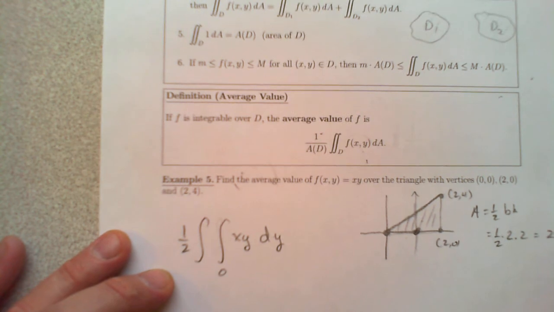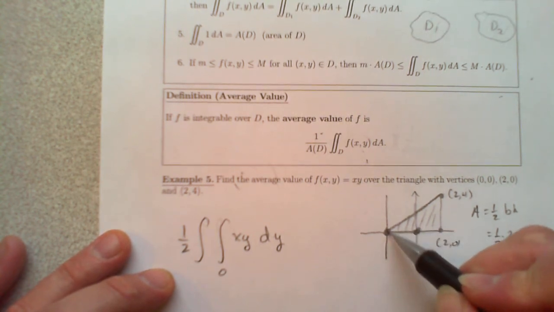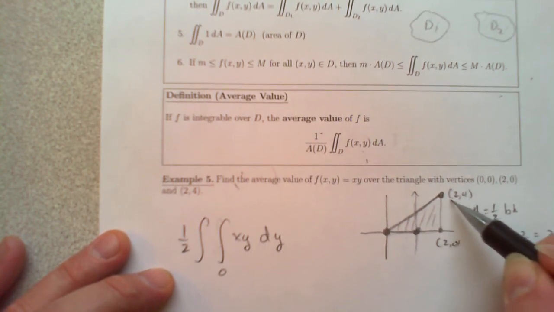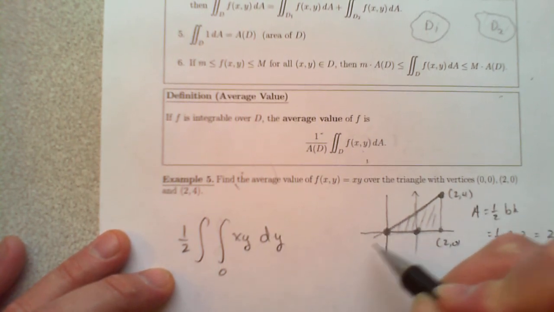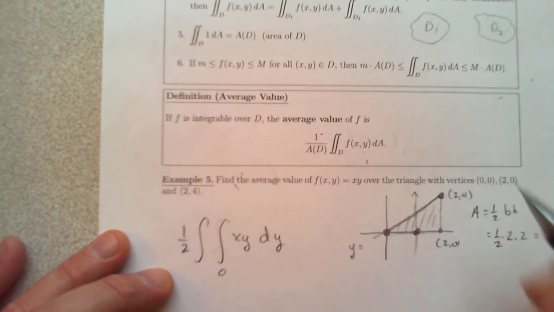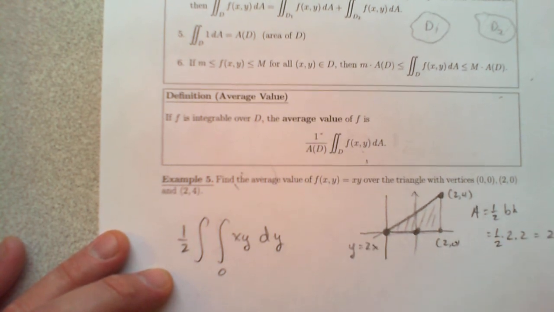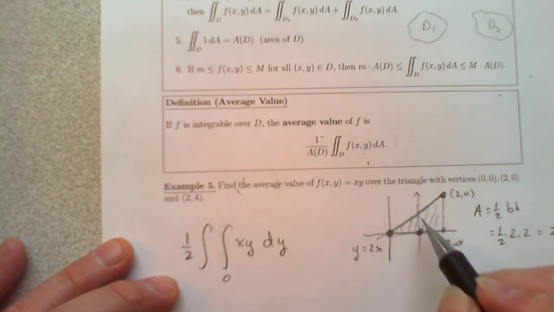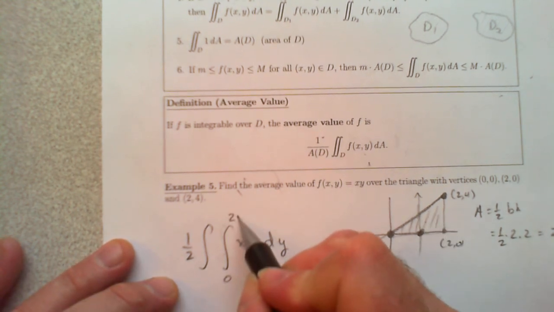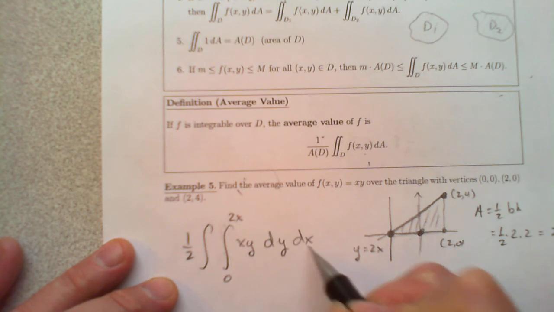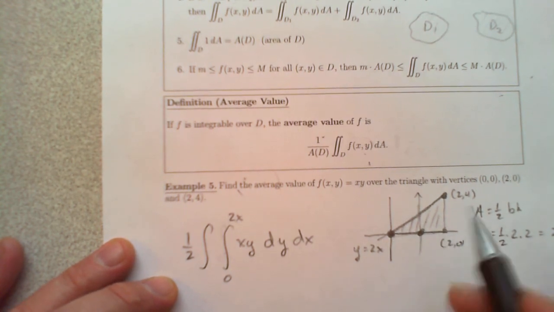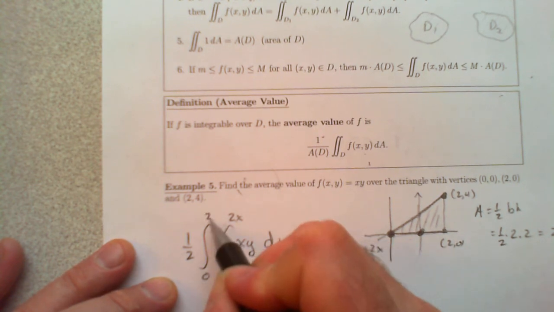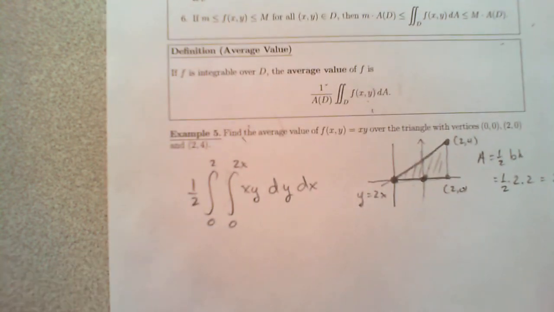That line, using college algebra techniques, has slope 2 and y-intercept 0, so that line is represented by y equals 2x. So I enter at y equals 0, I exit at 2x. Now x is going to run from here all the way over to there, so x goes from 0 to 2. So that's the double integral that we're about to be working with.